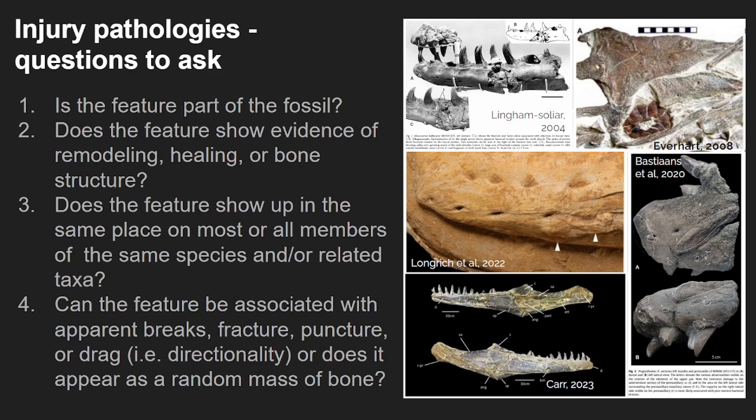Does the feature show up in the same place on most or all members of the same species and or related taxa? And if the answer is no, then we can exclude its possibility as anatomical. And can the feature be associated with apparent breaks, fracture, puncture, or drag, or does it appear as a random mass of bone? And if it can be associated with breaks, fracture, puncture, or drag, we can say that that is in fact a pathology that is associated with injury.